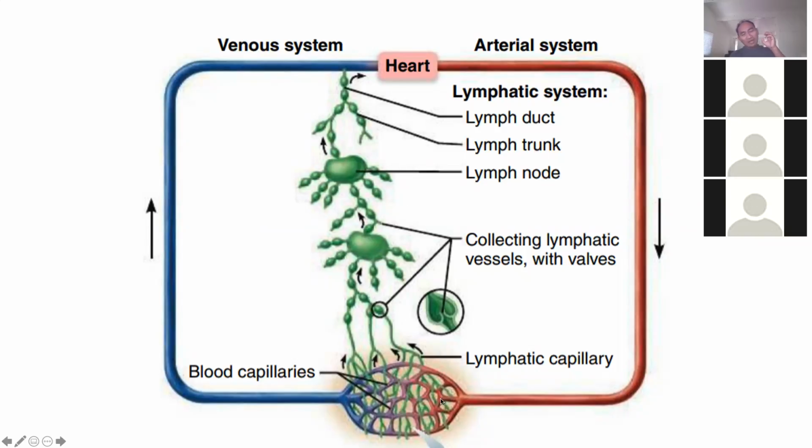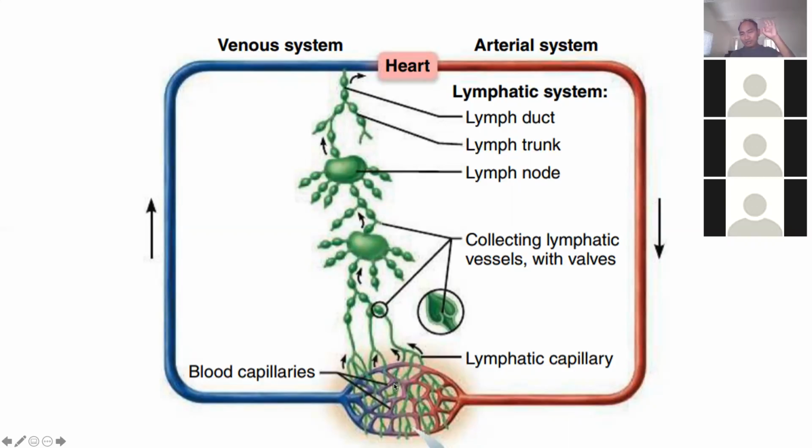So when there is transfer from the arterial end of the capillaries to the venous end of the capillaries, there might be some fluid leaking out from these capillaries, like excessive fluid leaking out into the environment, or sometimes large protein leaking out from the circulation.